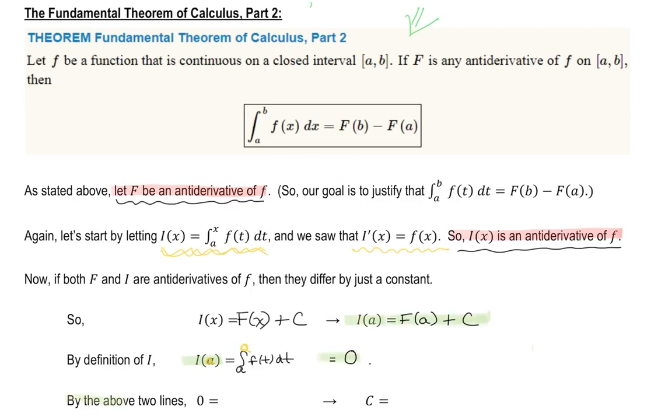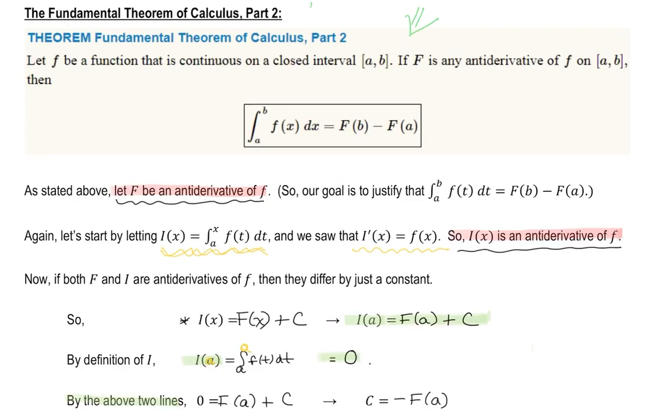So 0 has to equal capital F of A plus C. That means C has to equal minus capital F of A. Going back up, capital I of X was equal to capital F of X plus C, and C is now minus capital F of A.